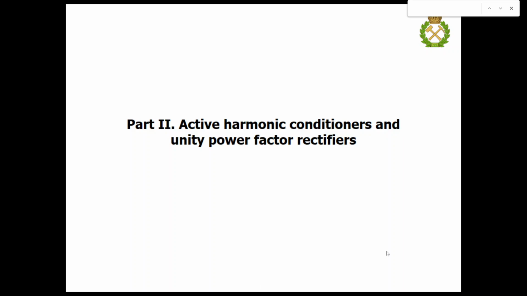And the second part of our lecture today is intended to consider active filters as another group of harmonic conditioners: active filters, parallel active filters, and series active filters, and also we will consider some active rectifiers.